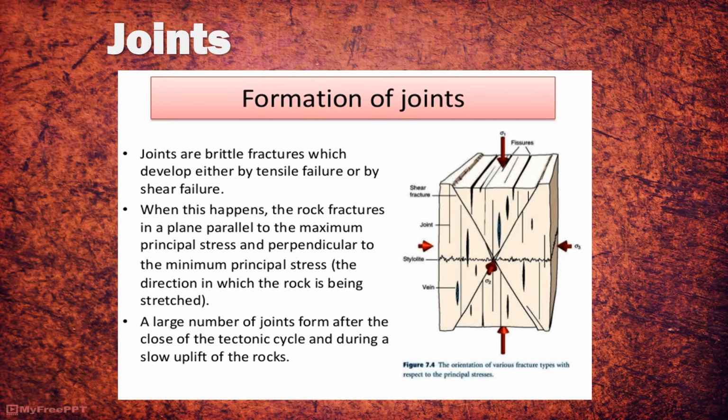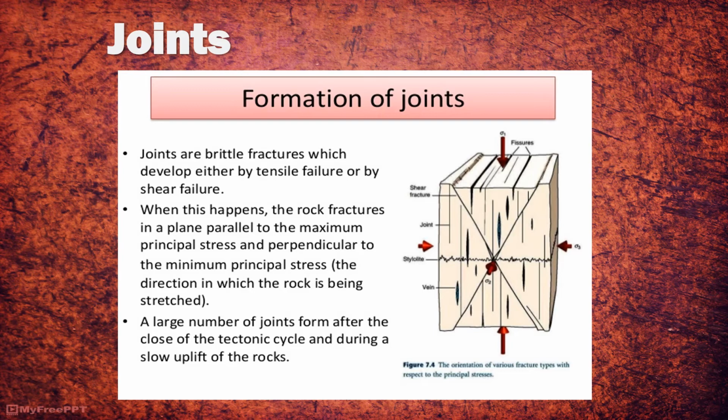Let's now talk about the formation of joints. Joints are brittle fractures which develop either by tensile failure or by shear failure. When this happens, the rock fractures in a plane parallel to the maximum principal stress and perpendicular to the minimum principal stress, the direction in which the rock is being stretched.